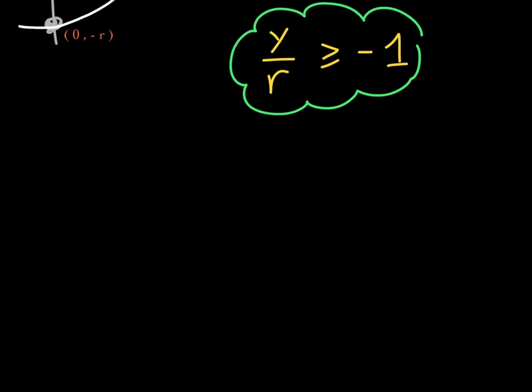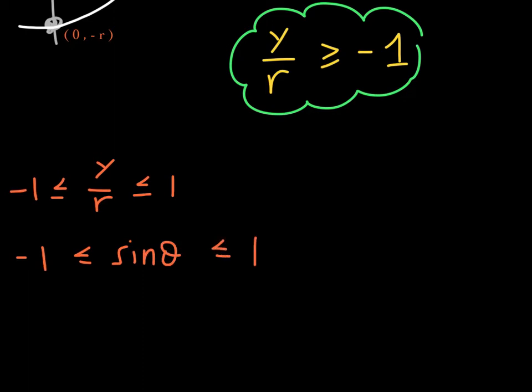Y over r is less than or equal to 1, but it's greater than or equal to negative 1. And y over r is exactly how sine of theta is defined. So we just figured out that the range for sine of theta will always be between negative 1 and 1.